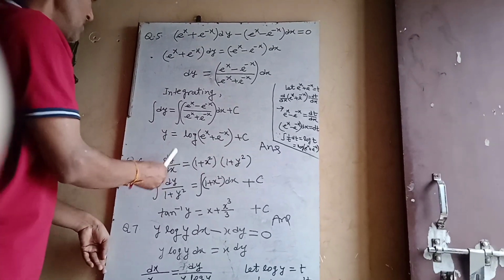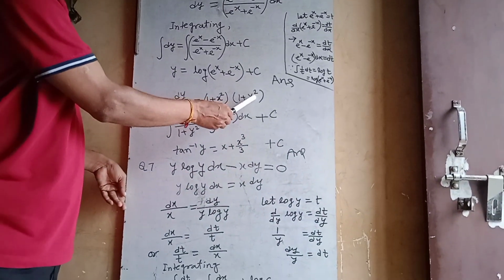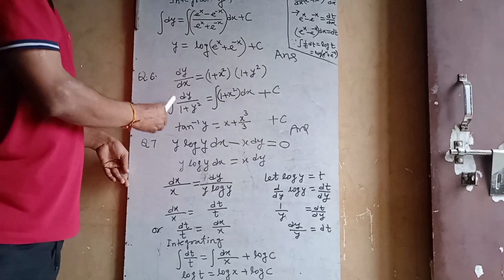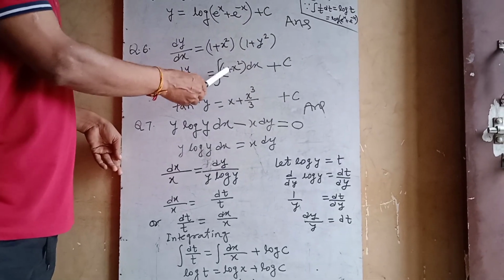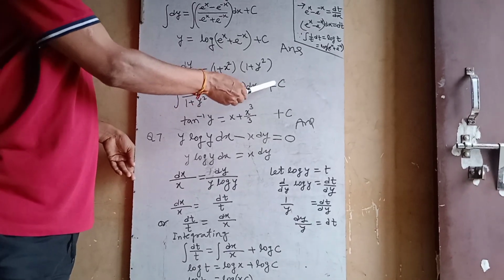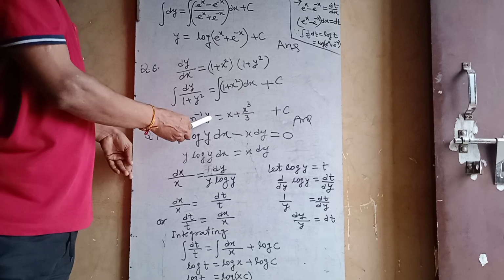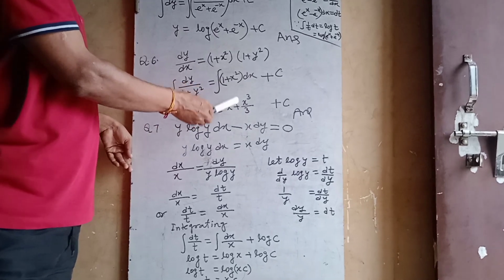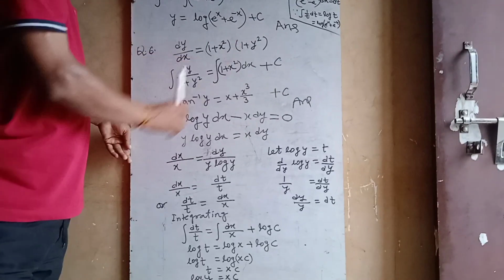Question number 6, dy by dx equals 1 plus x square times 1 plus y square. Now we write integration dy upon 1 plus y square equals integration 1 plus x square dx. A constant will appear. This becomes tan inverse y equals x plus x cube upon 3 plus c, which is the answer.